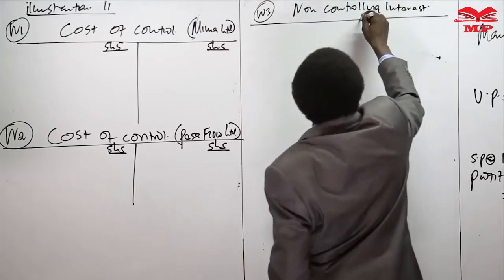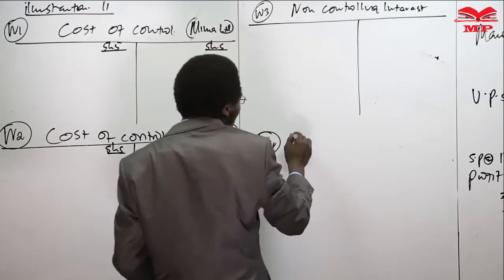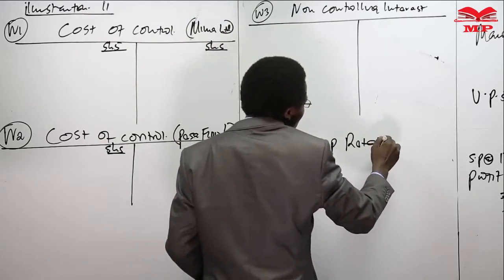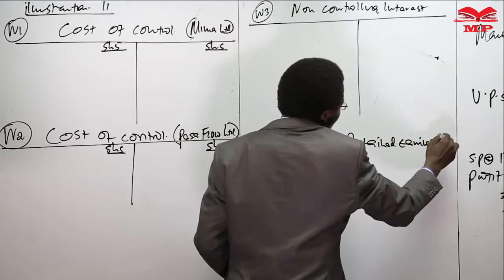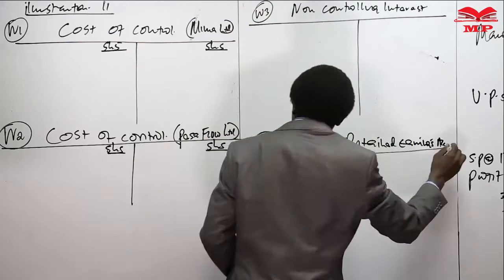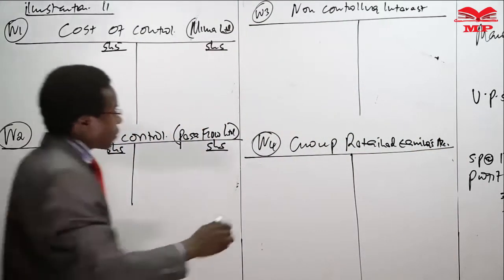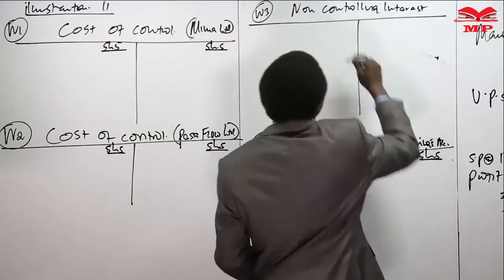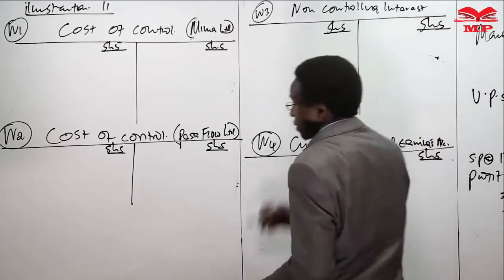Then I'll also have another working, the group retained earnings account. That's important. Fine, these figures are in shillings.